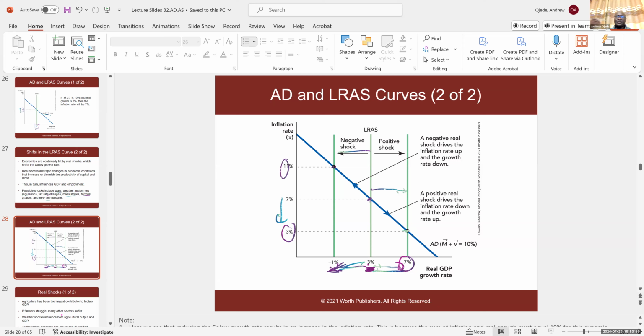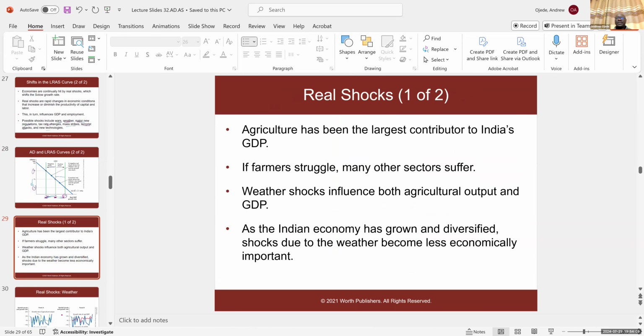Okay, so that's how you can think about how all those real shocks will shift the curves. So let's talk about the case of India here. For a long period of time, the Indian economy has always relied on the agricultural sector. Agriculture has always been one of the largest contributing forces to India's GDP, to India's national output.